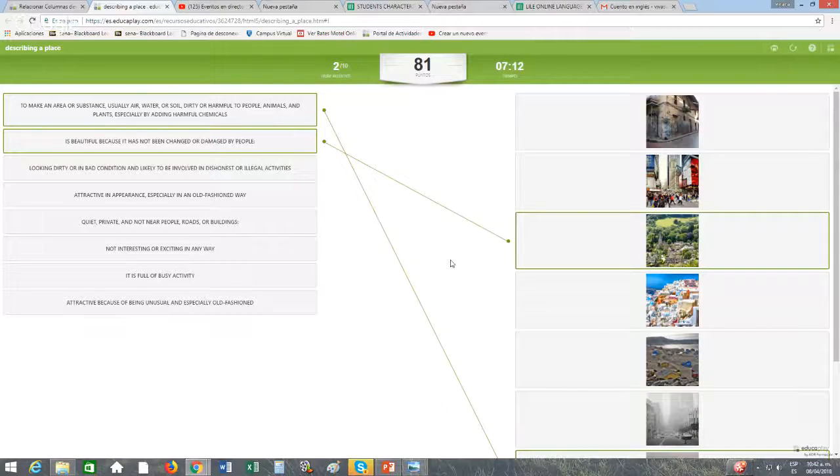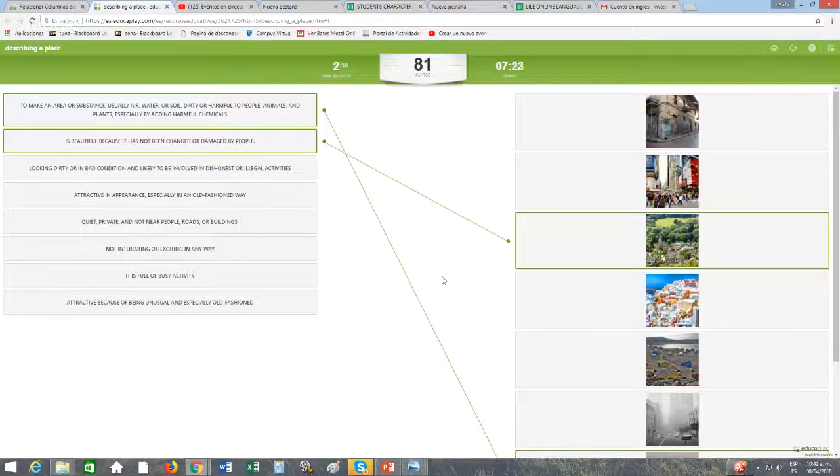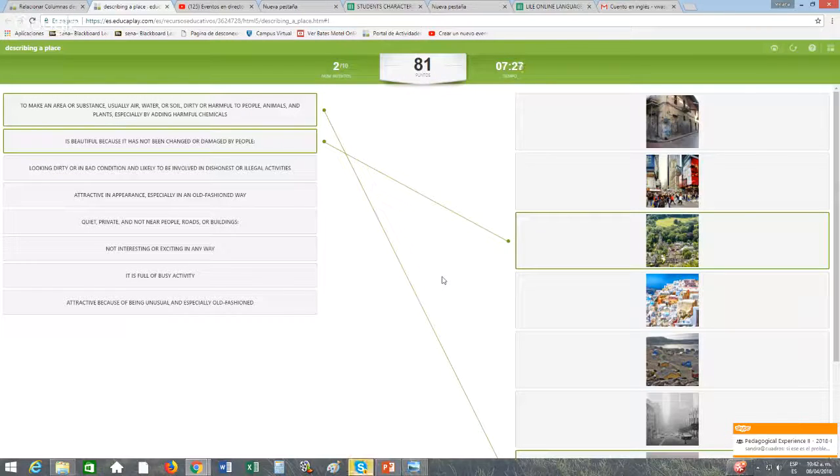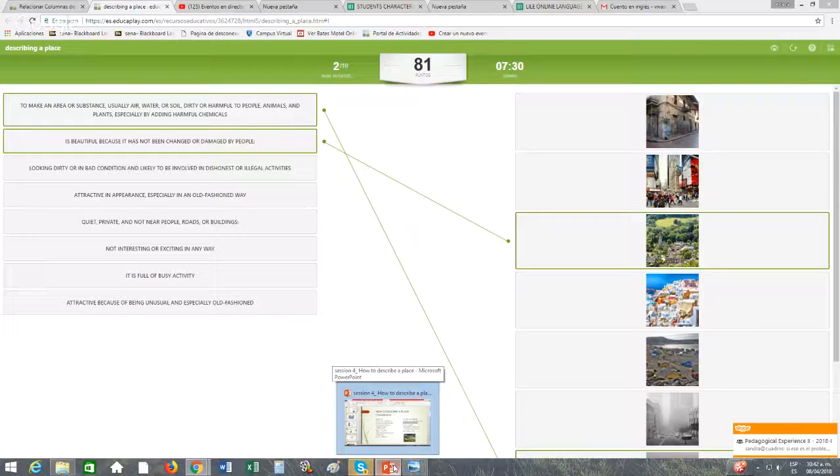No. I remember the second word in the vocabulary to describe a place. Picturesque. No, it's not picturesque. Okay, a little help. Unspoiled.